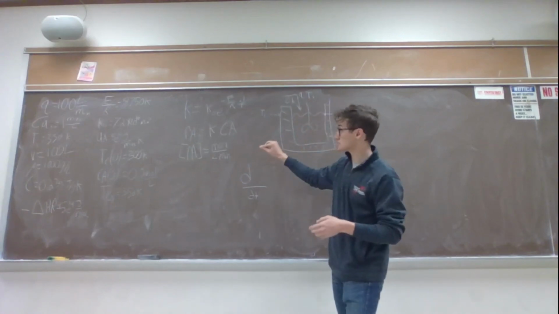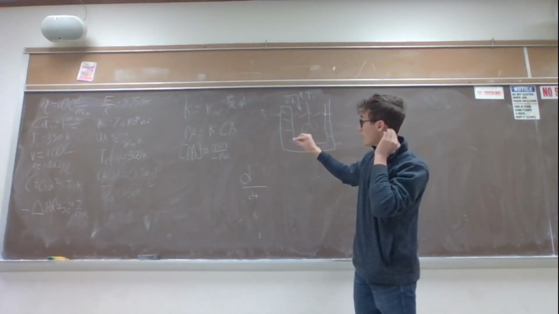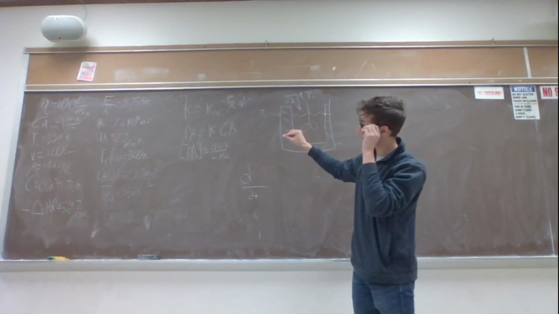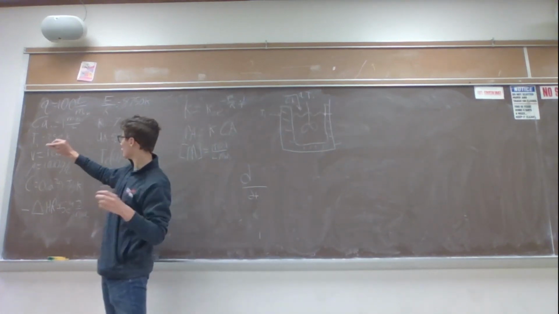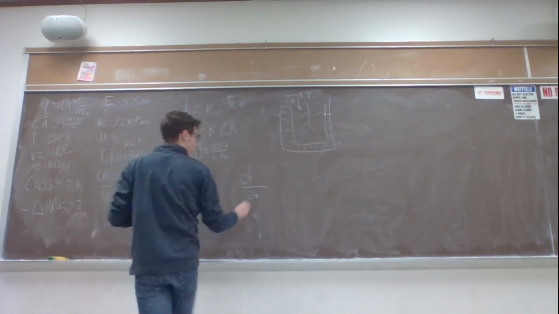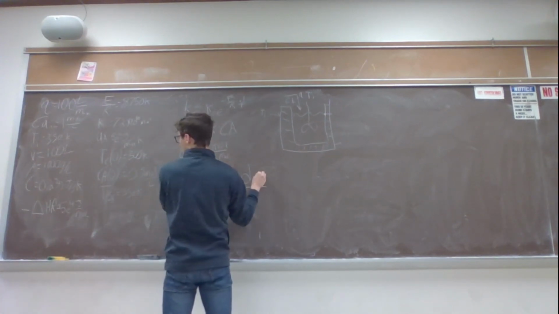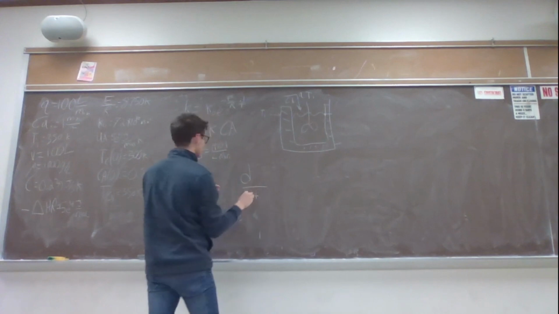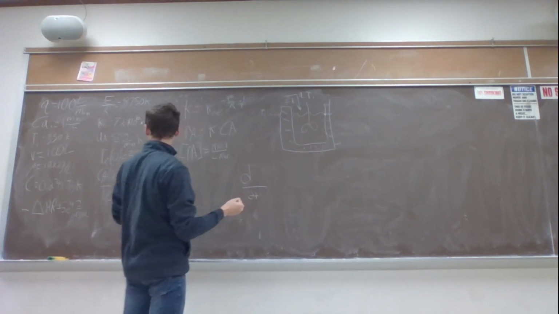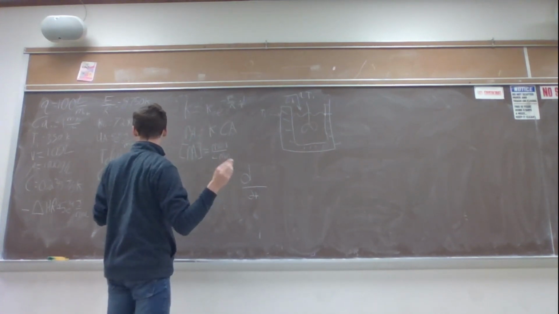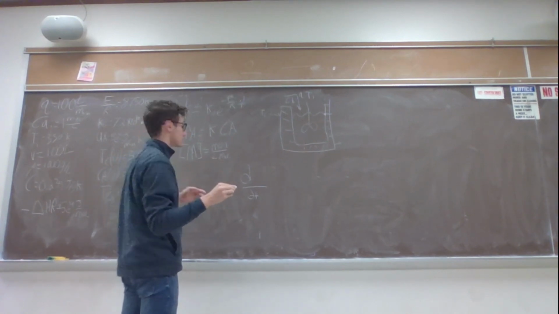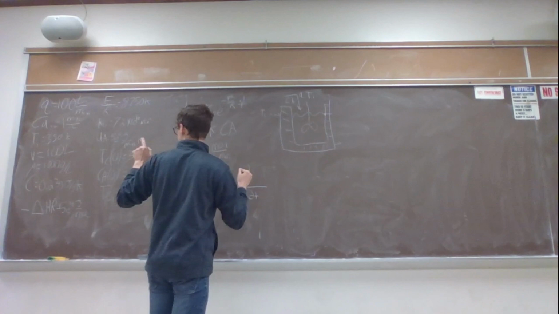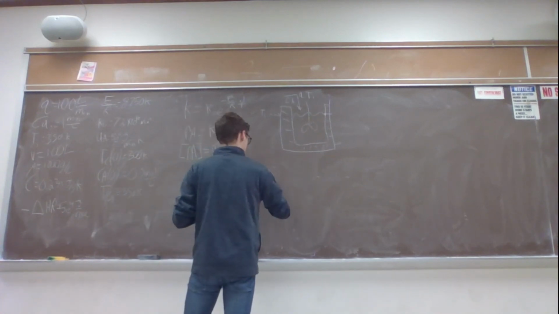We have Q, which is liters per minute, and we have CAI, which is moles per liter, and volume is just liters. That would get us just moles. So it's going to be CAI times V.